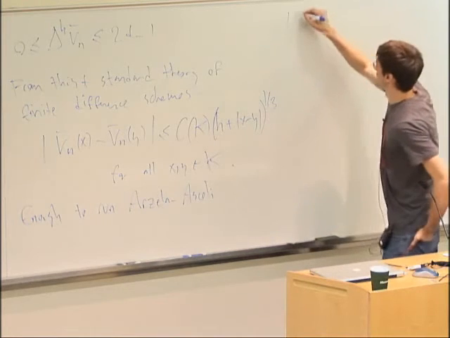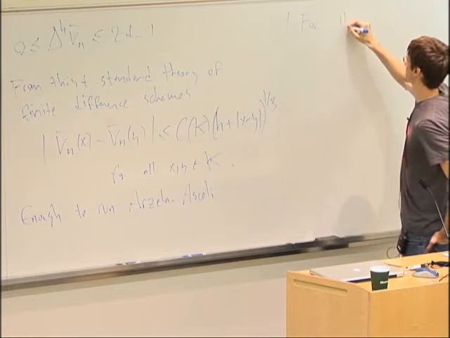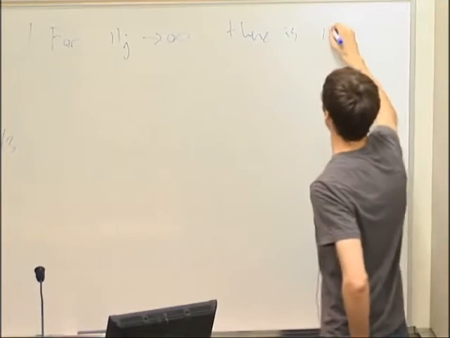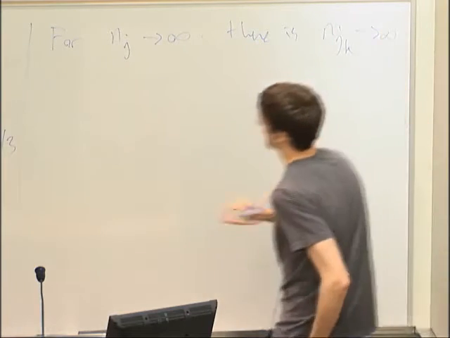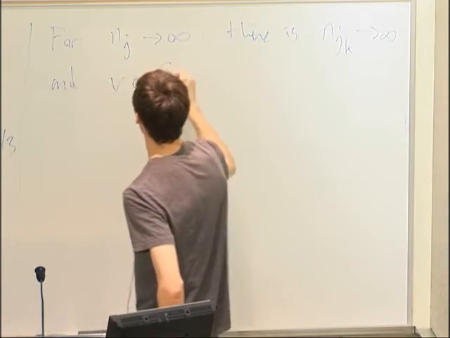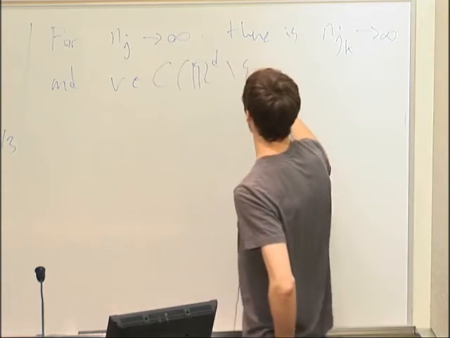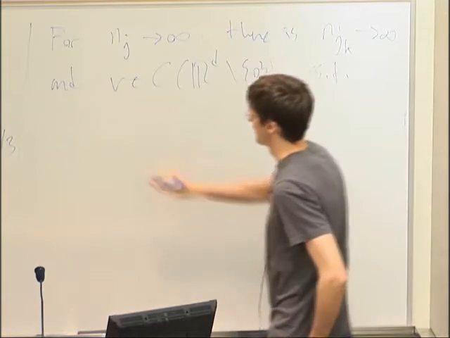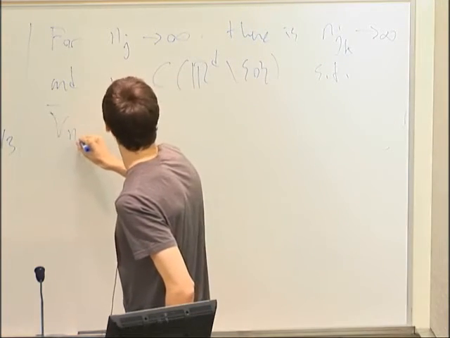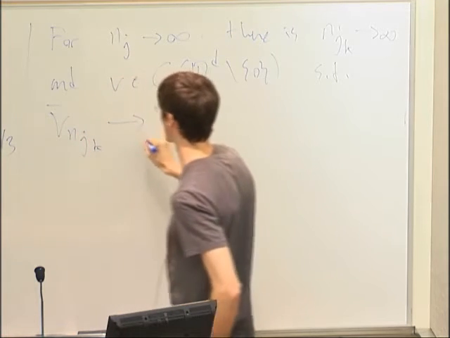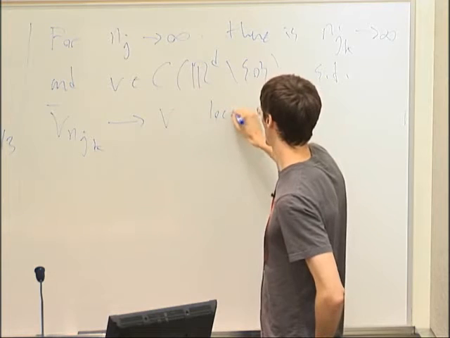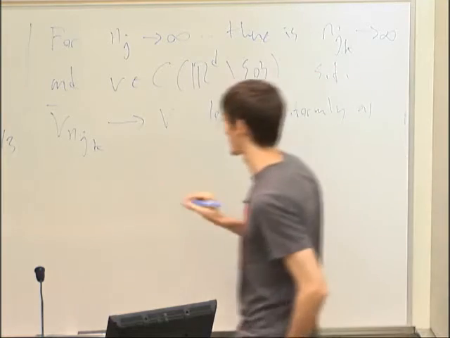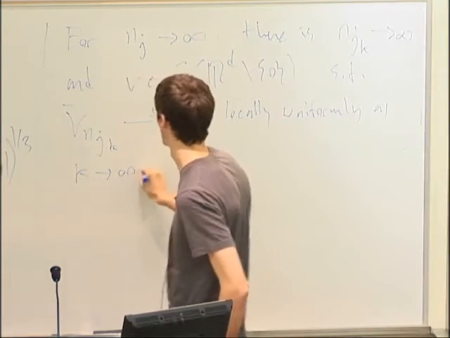Okay, so what you get is that for every sequence, let's say nj going to infinity, there is a subsequence njk going to infinity, and a function v, which is continuous on R^d minus the origin, remember, all of this was away from the origin, such that the rescaled guys, v_{n_{j_k}}, converge locally uniformly to v as k goes to infinity.